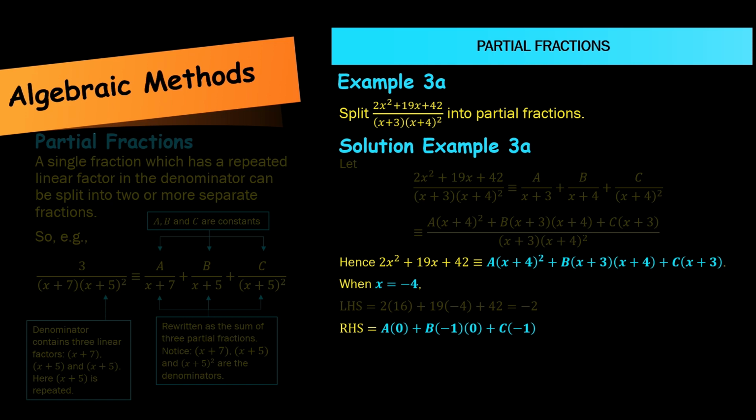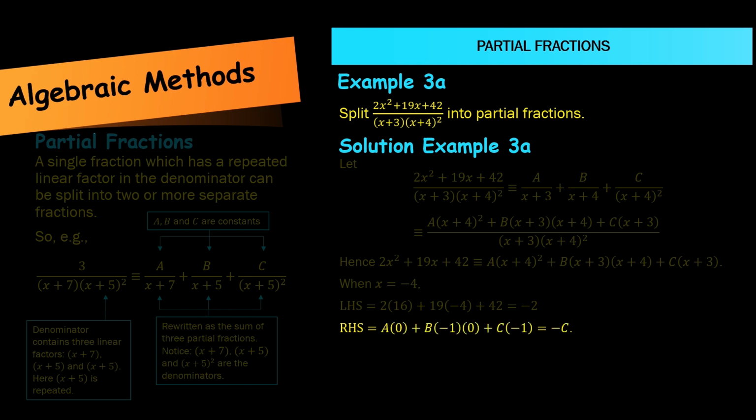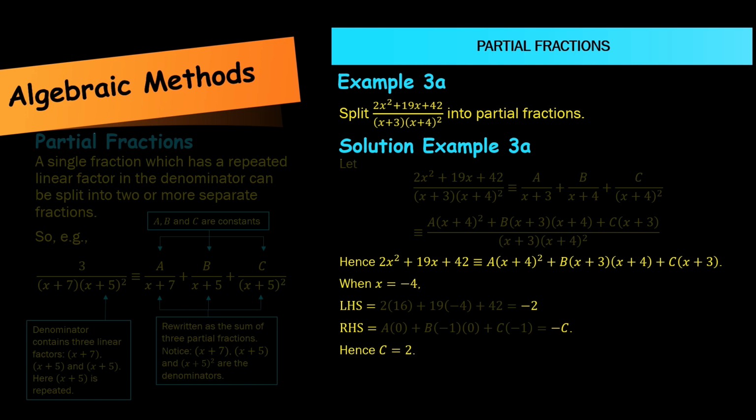This is what we intended to do, and we're now simply left with c times -1. Therefore, the right-hand side is equal to -c. Since the left-hand side and the right-hand side are equal, we have that c equals 2.